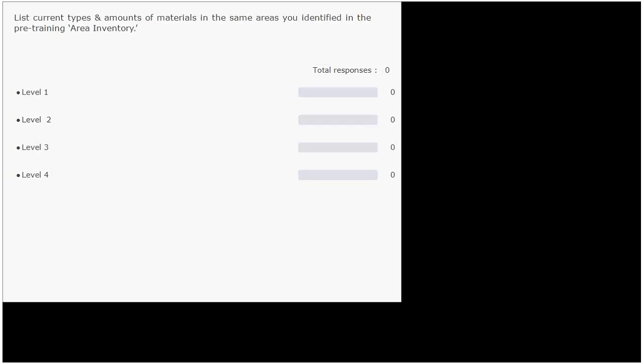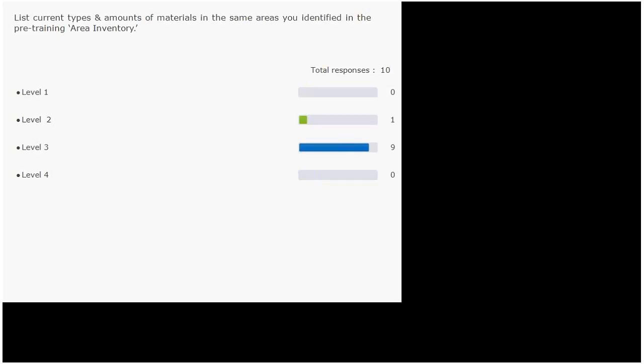List current types and amounts of materials in the same areas you identified in the pre-training area inventory. We're kind of spread around the board, but this is actually asking the people who were in the training to do something.